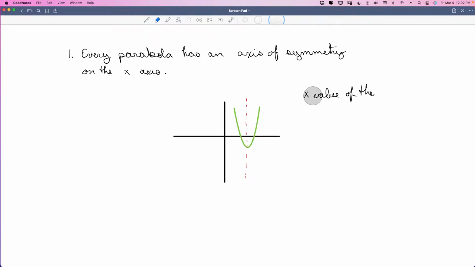The x value of the vertex is the axis of symmetry.